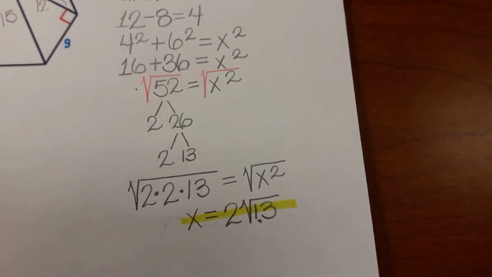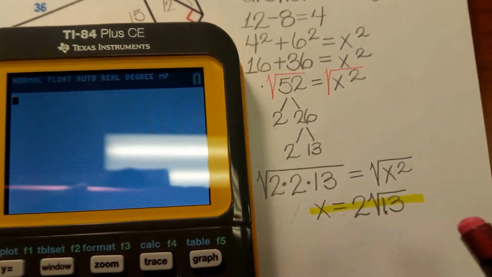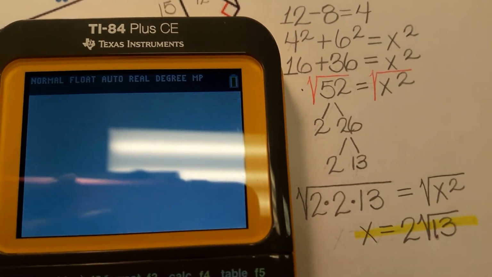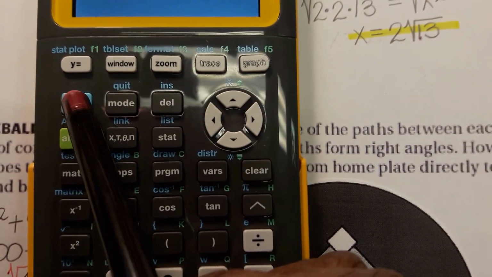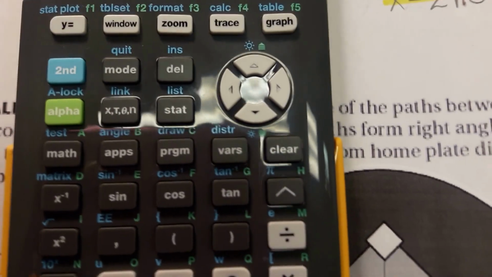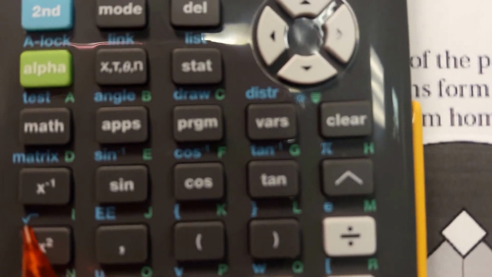Another way you can do this is you can type it in on the graphing calculator. The way I would type this in is a tad bit different from the Casio calculator I used earlier. I'm going to say second, and then I hit the x squared button. If you look above the x squared button, you see a blue square root symbol.